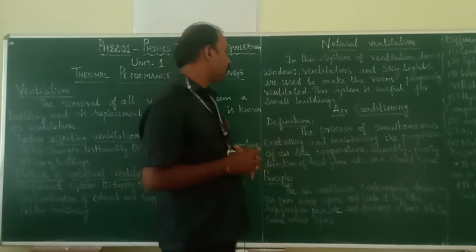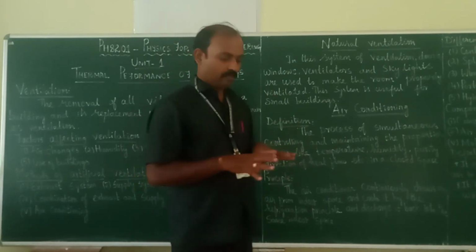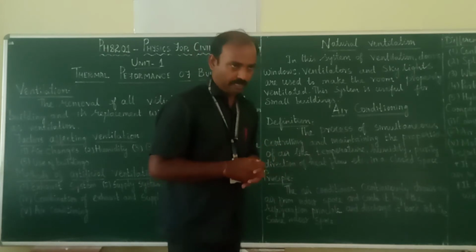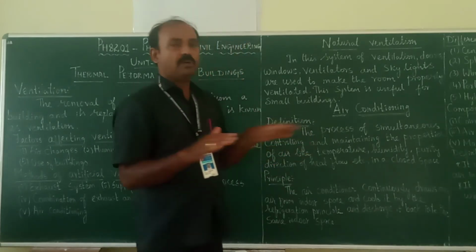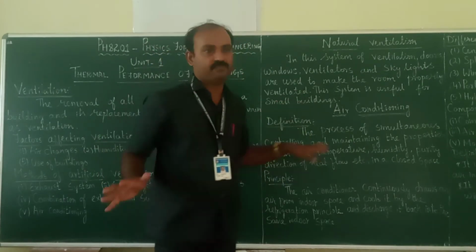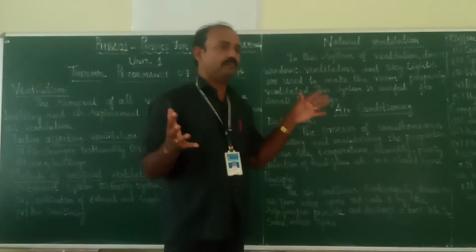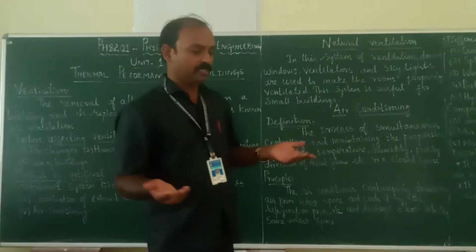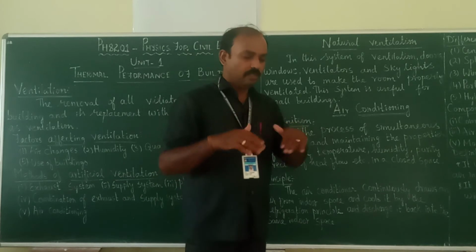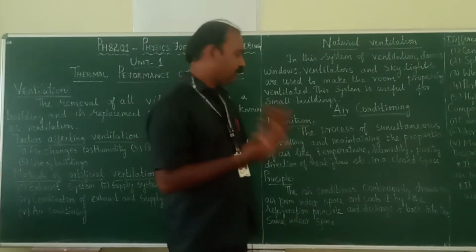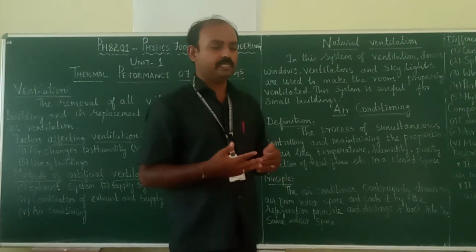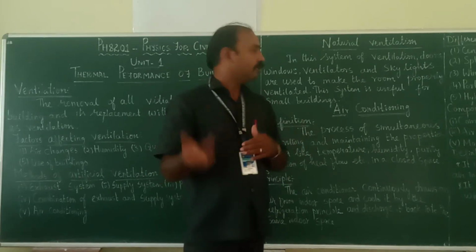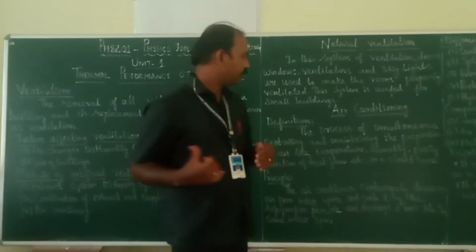This system is very useful for a small building. For a small building, this type of natural ventilation is enough. But for a large building, we should use external, that is artificial, ventilation in addition to natural ventilation, as I discussed in the previous one.